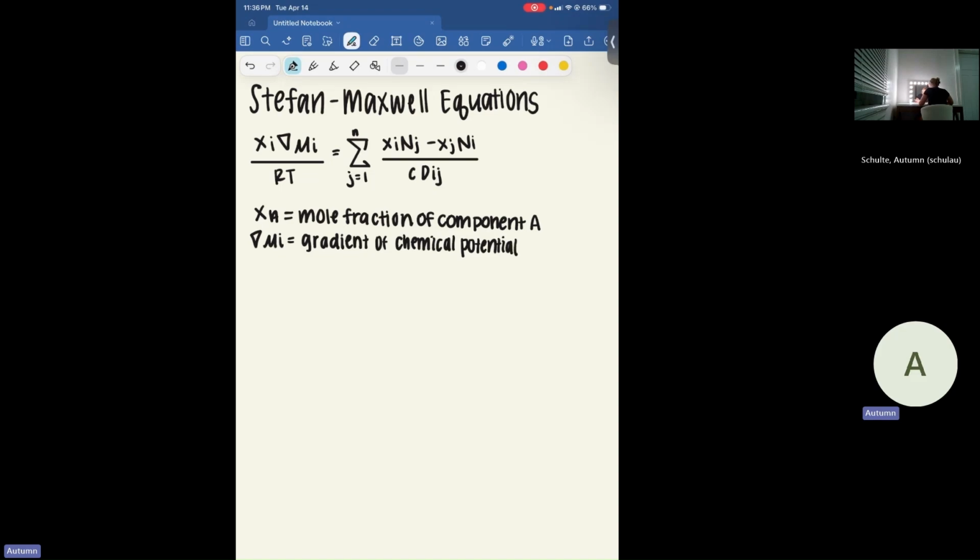And anytime you see a gradient like that in an equation, that will always tell you that that is your driving force.